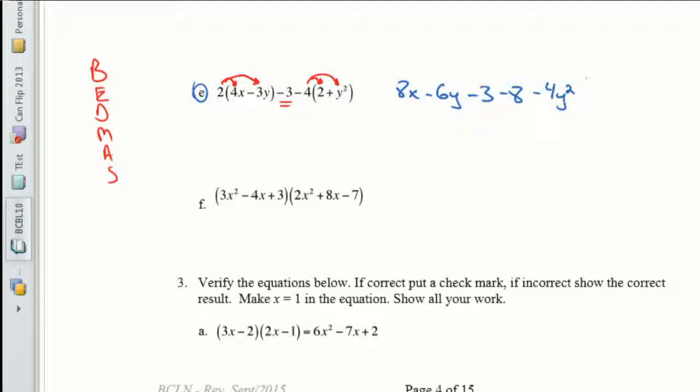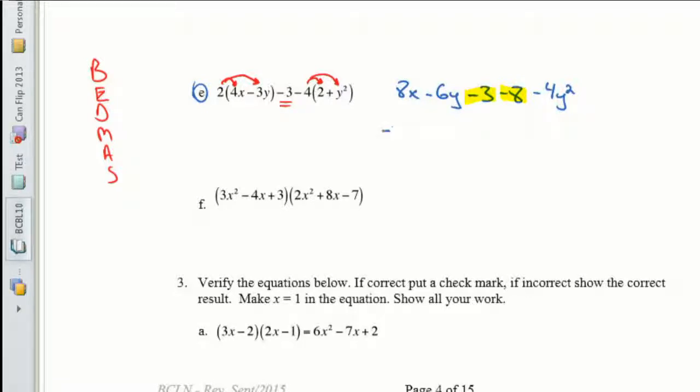At this point, I'm going to combine any like terms I have. Just a bit of a strange question. What do I have? Nothing that's like except for the -3 and the -8. So I can just combine those together.